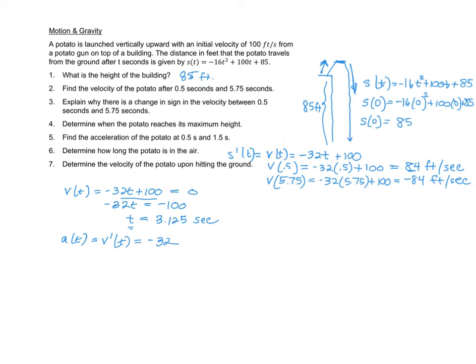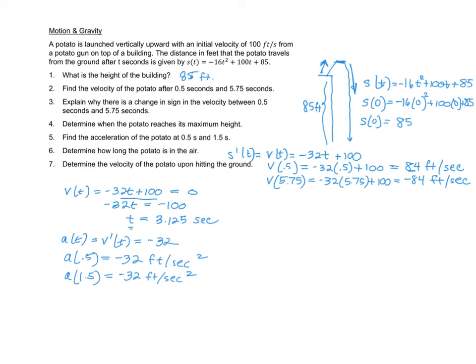And when we talk about acceleration, the unit is feet per second squared. The acceleration at 1.5 seconds is also negative 32 feet per second squared. So the acceleration is the same at 0.5 seconds and 1.5 seconds.